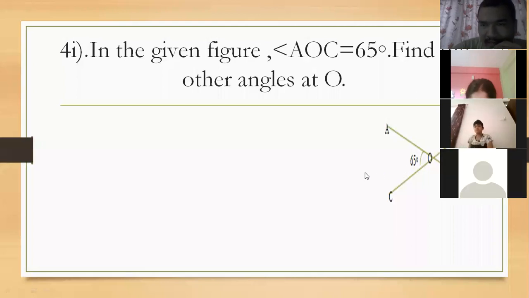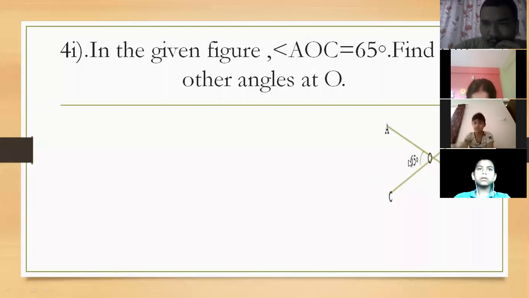And the question is asking us to find out all the remaining angles. There are three remaining angles, isn't it? By using this given angle 65 degree, we should find out these unknown angles.